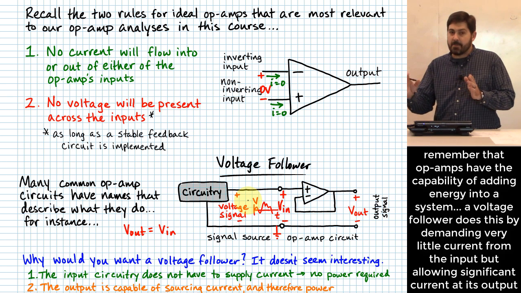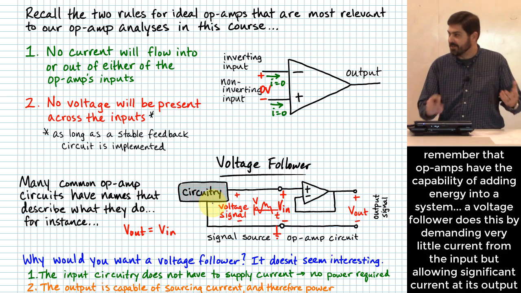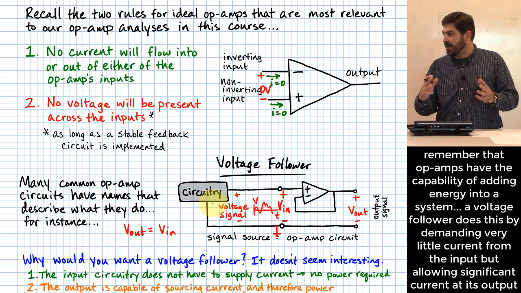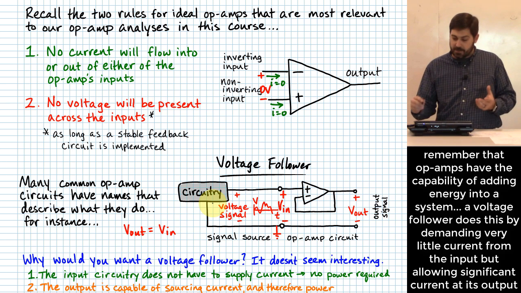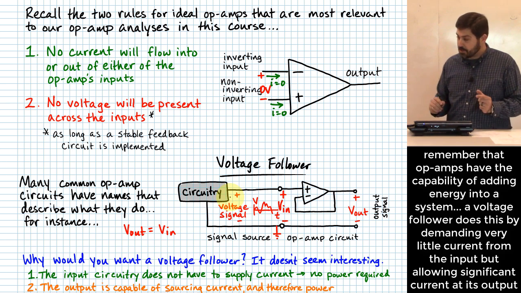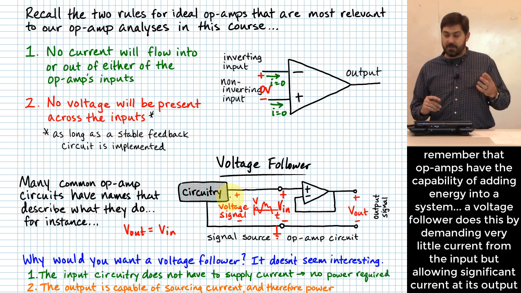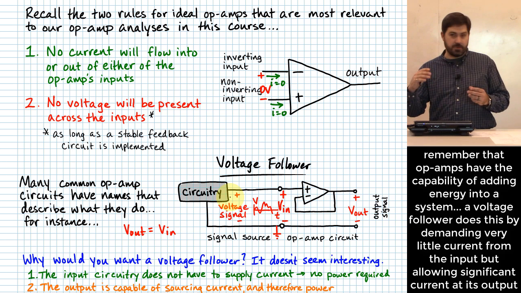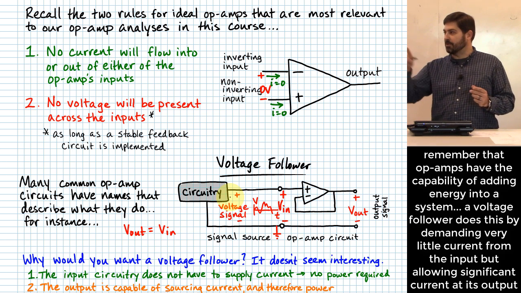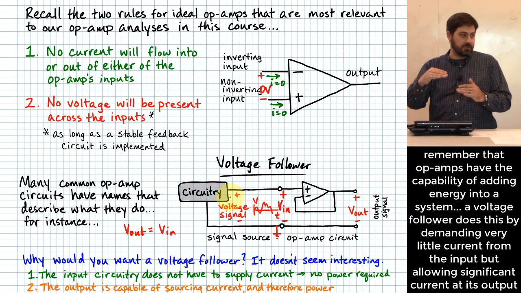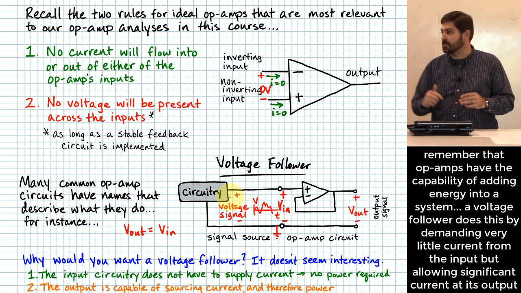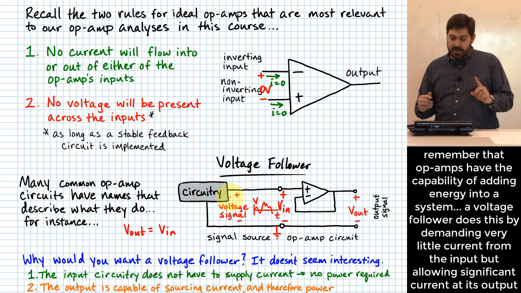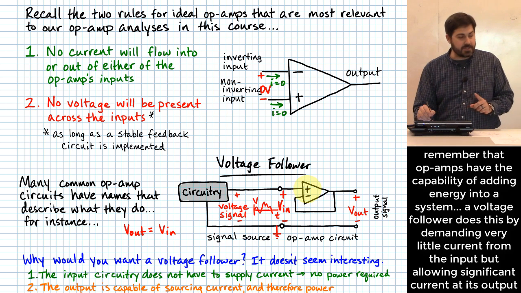So it doesn't demand any power out of the circuitry that's generating the signal, right? And that can be a very desirable thing, because if you demand some kind of power out of that circuitry, it very well could have the effect of changing what that signal looked like, right? As soon as you make that signal drive some kind of real thing, it could actually change what the signal's nature is, or what it looks like, right? So having a high input impedance is often a desirable thing when you are amplifying a signal.